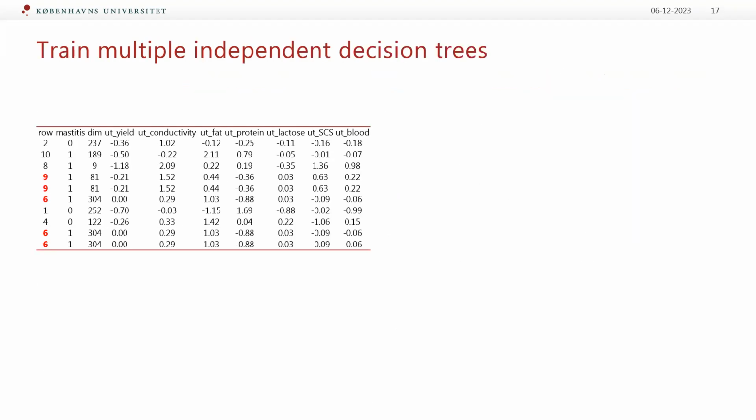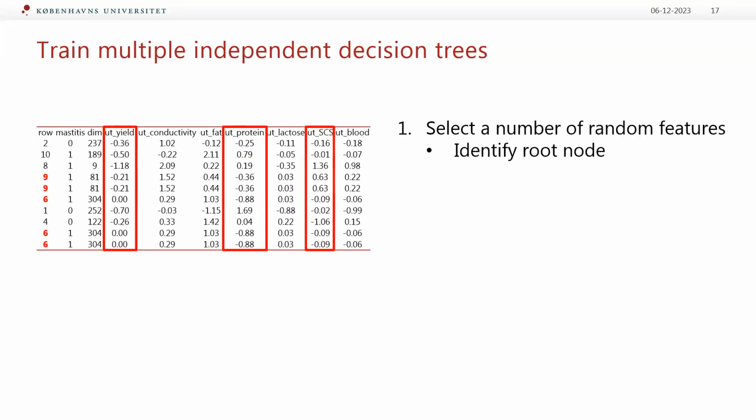So once we have resampled our data, we use one resampled data set to create one tree. And we do that in the same way that I showed you with the decision trees before. So the first step is to select a number of random features that we use to identify the root node. And notice here one difference from the example I showed you on how to grow a decision tree: we are not considering all of the columns.